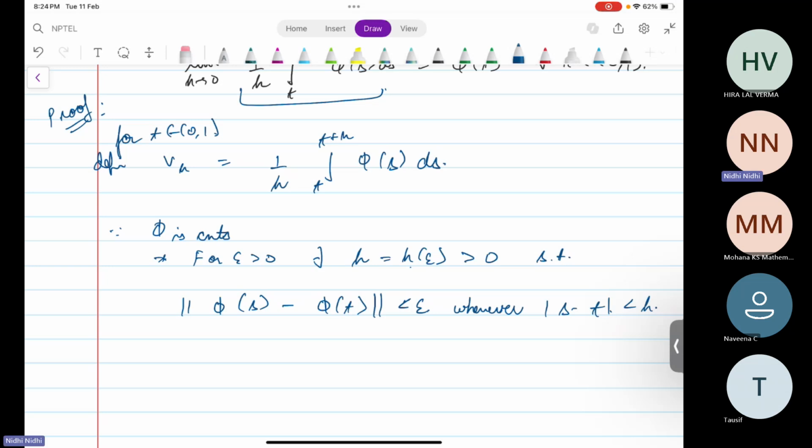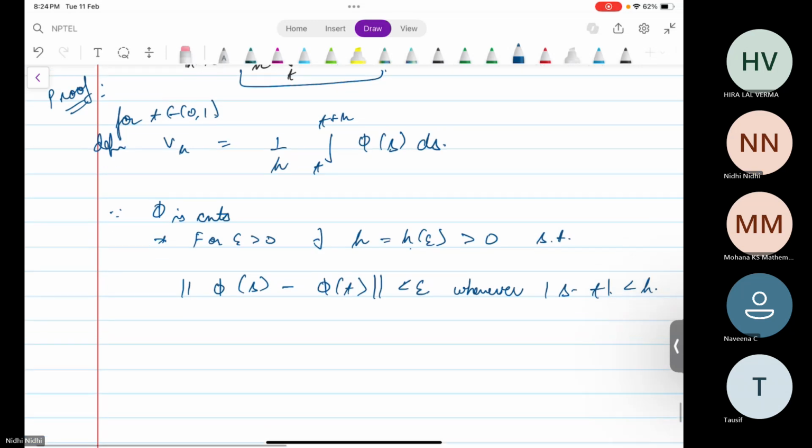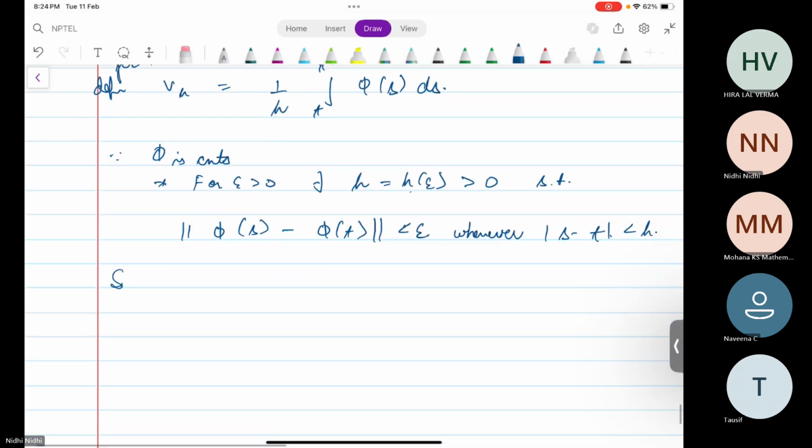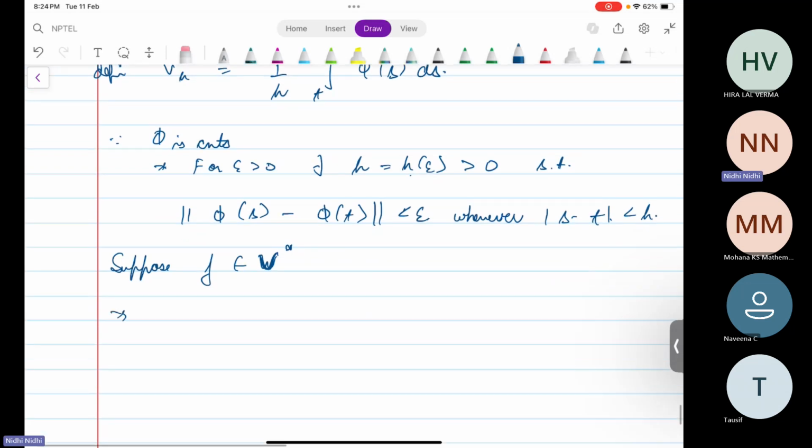Now suppose f is in V star, a linear functional defined on V. In that case, we have mod f of phi s minus f of phi t, because the range of phi is V and the domain of f is V, so f of phi at s is well defined.